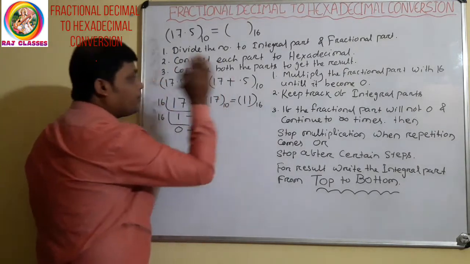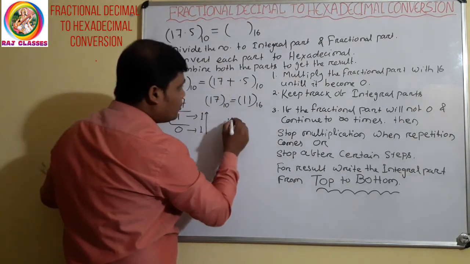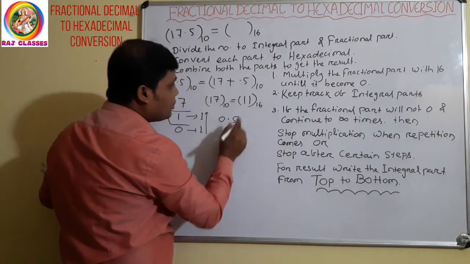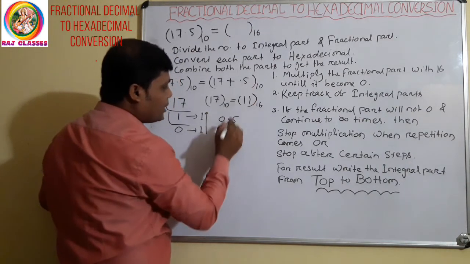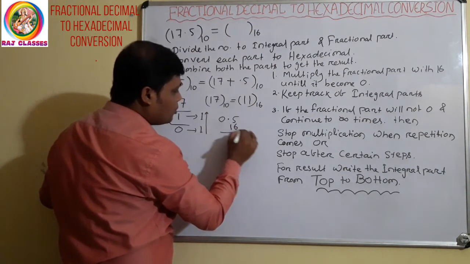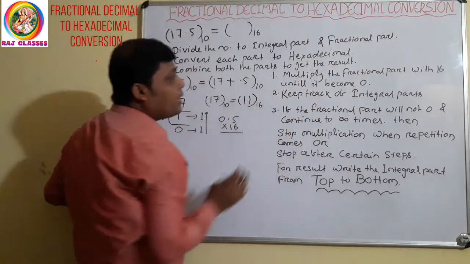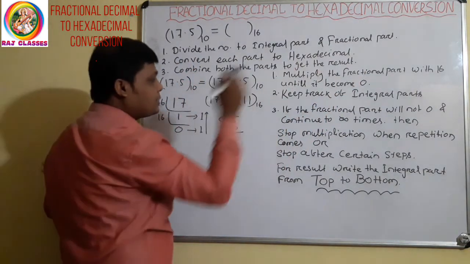Now come to the fractional part. We have to multiply the fractional part. This is the fractional part, 0.5. We have to multiply with 16.